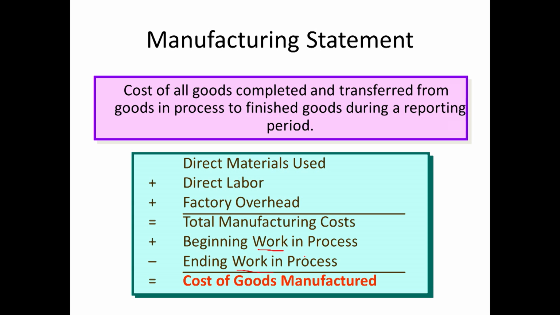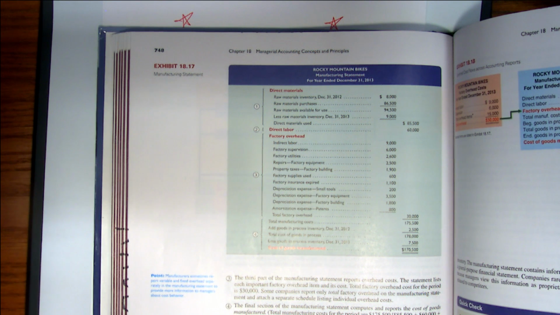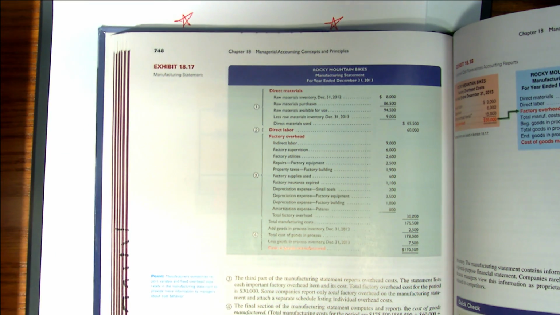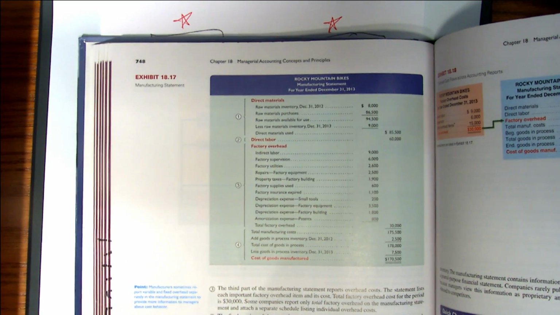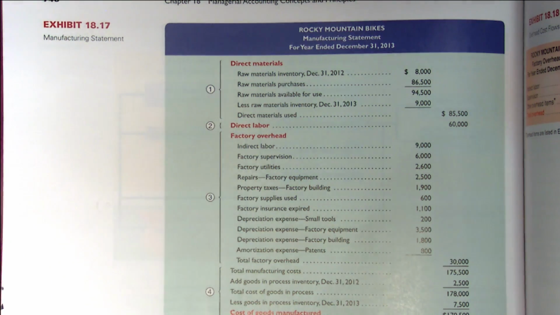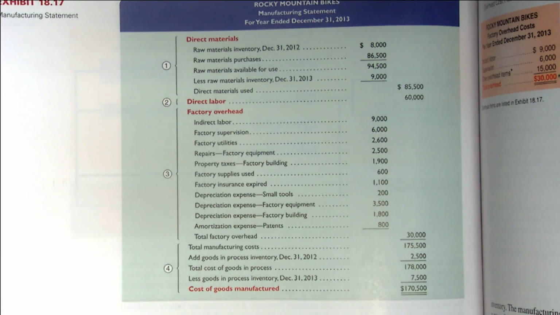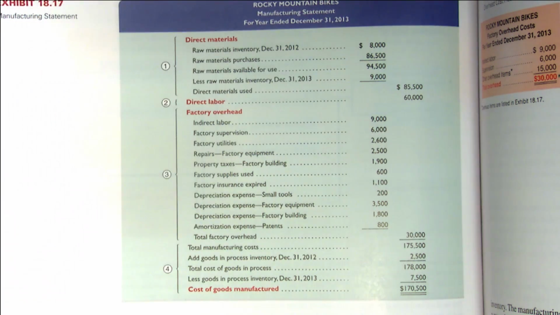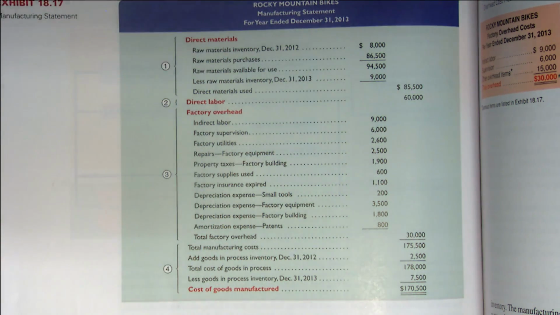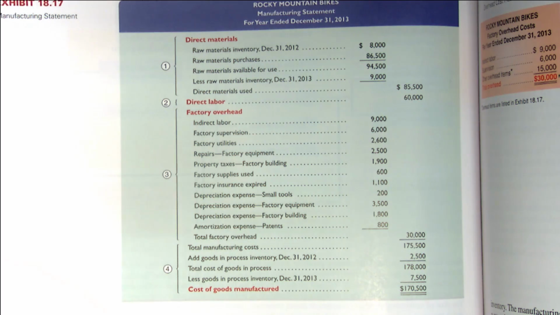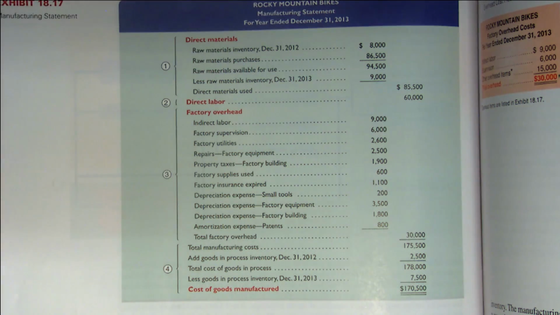What I highly prefer is take a look in your textbook at Exhibit 18-17, okay? It is on page, in my book, page 748. I'm not sure if it's the same page for you all. Exhibit 18-17, is it on page 748 for you all as well? Put a star by this.